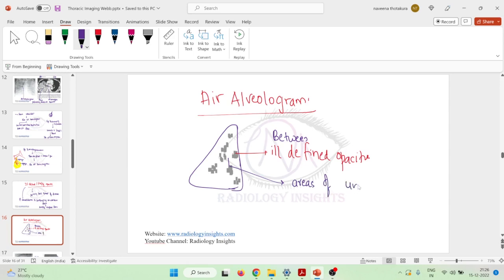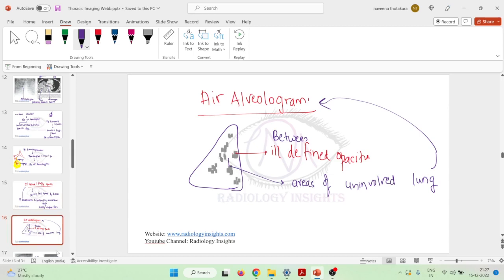These areas of uninvolved lung, which are seen between these ill-defined opacities, are called air alveolograms. What is an air alveologram? It is actually the area of uninvolved lung. Here this is not involved, even this is not involved. It is present in between ill-defined opacities and it is not involved.